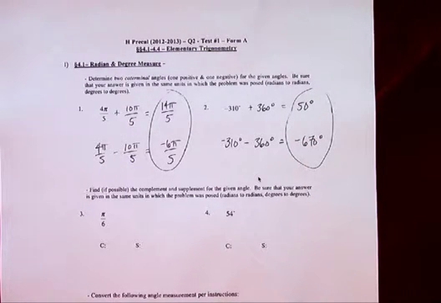Alrighty, let's go down to the complementary and supplementary. It says find, if possible, the complement and supplement of the given angle. Be sure that your answer is given in the same units in which the problem was posed. Now, pi over 6 is in the first quadrant. We can find a complement.